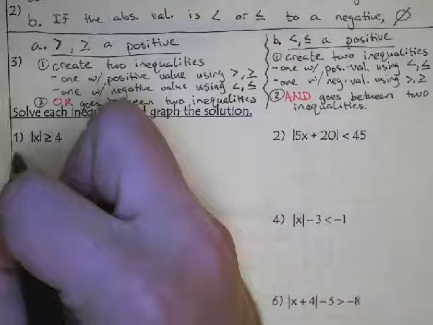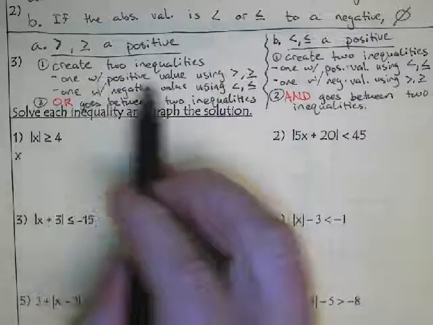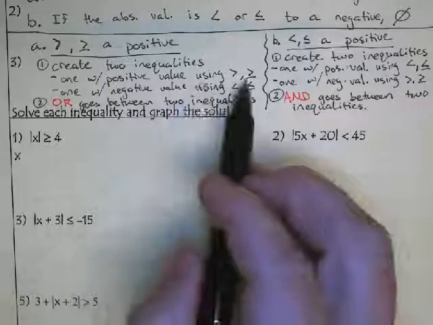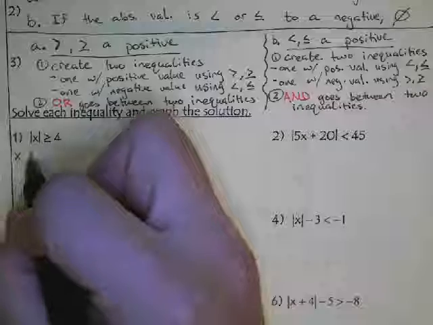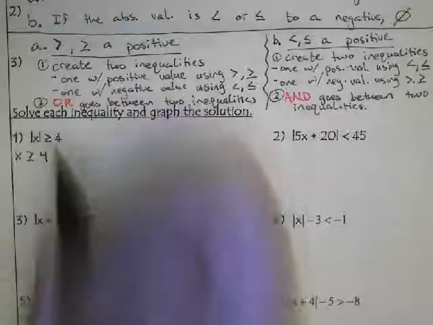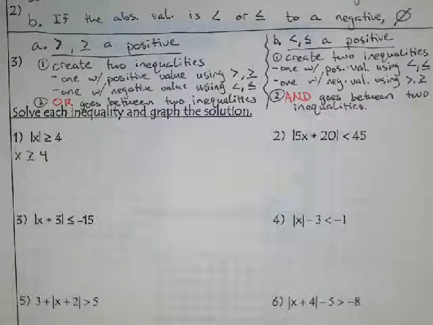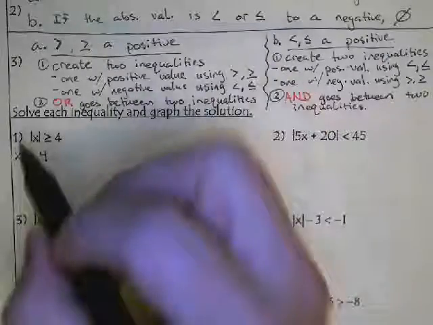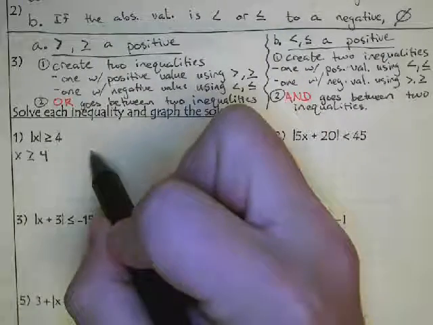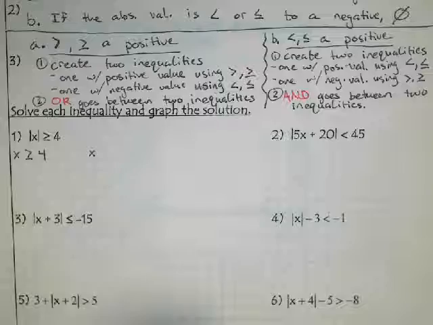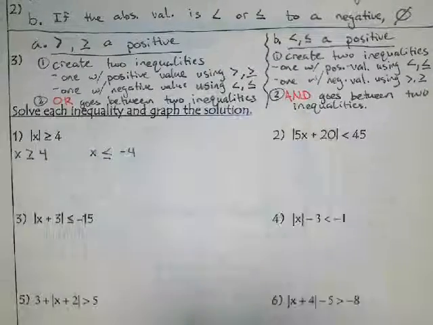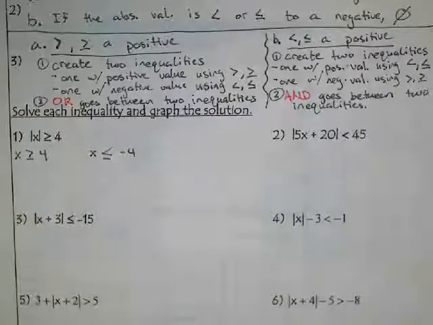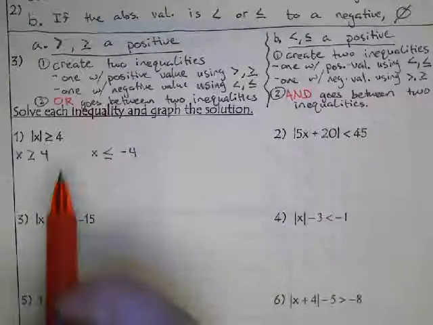We'll drop the absolute value, and we'll have x, one with the positive value using greater than or equal to. So we have x is greater than or equal to 4, keeping that symbol and using the positive value. My second inequality will be x, dropping that absolute value, and then I flip the sign and use the negative. And what word goes in between the two inequalities?